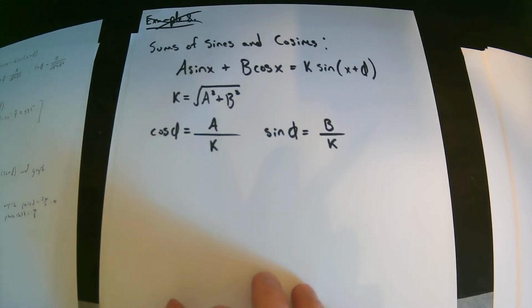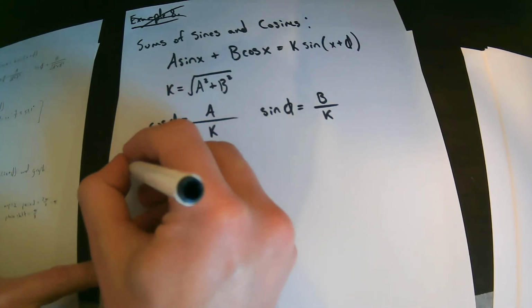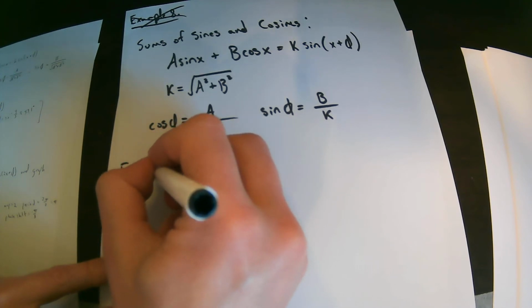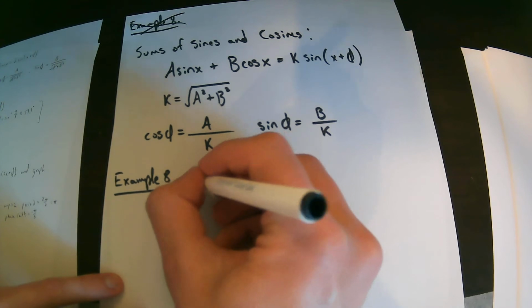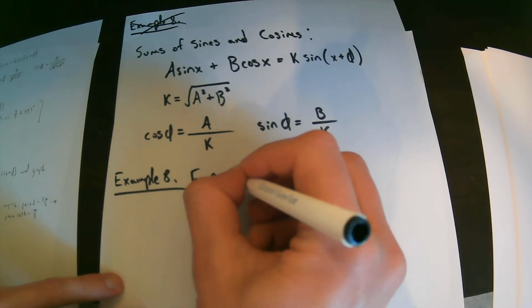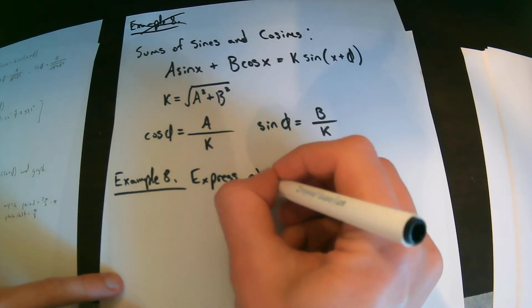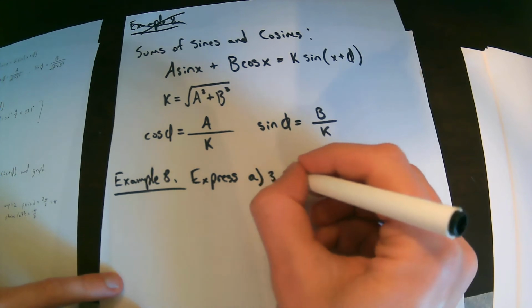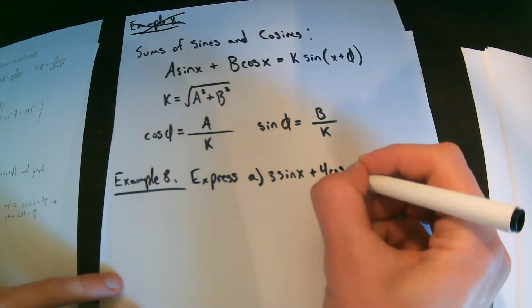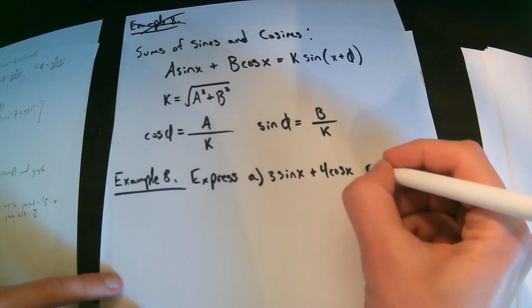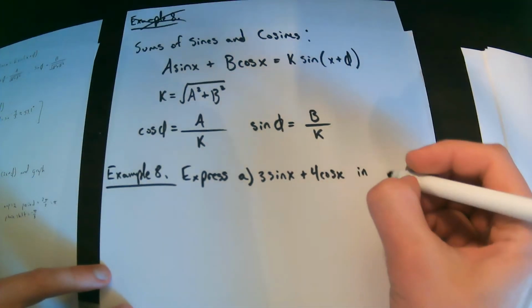Okay. So let's practice using this relationship. So express 3 sine x plus 4 cosine x in this form.